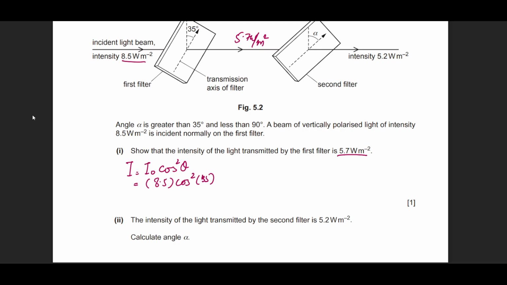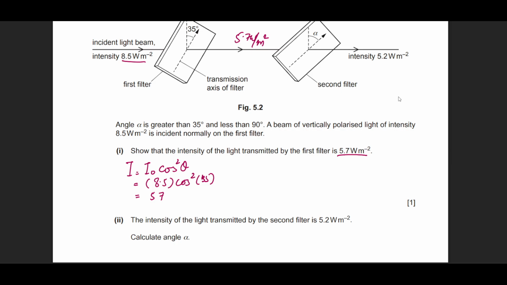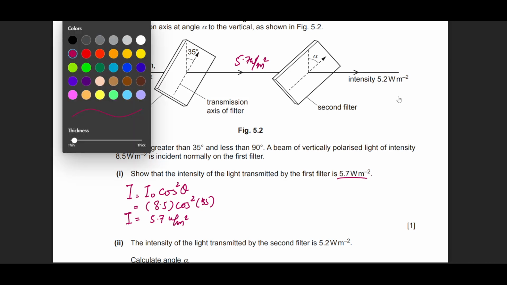Please be advised, always take the square first and then multiply this with 8.5. So let me show you how this is going to go. So cos of 35, calculate this first, simply take a square and then multiply this with 8.5. You get 5.7. Very straightforward, and we've successfully shown what we're supposed to show. So 5.7 watts per meter square is the intensity received on the outside or after the filter.